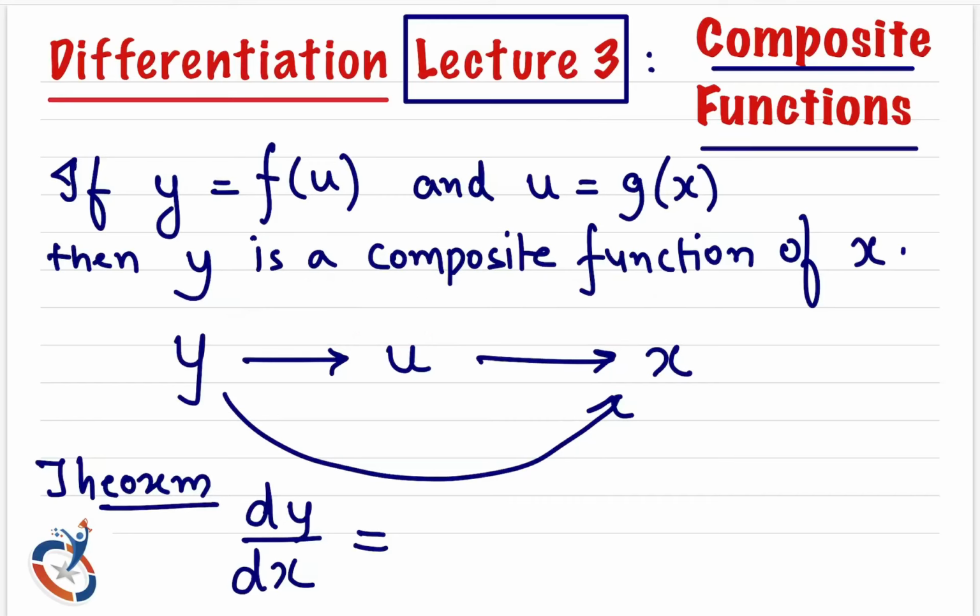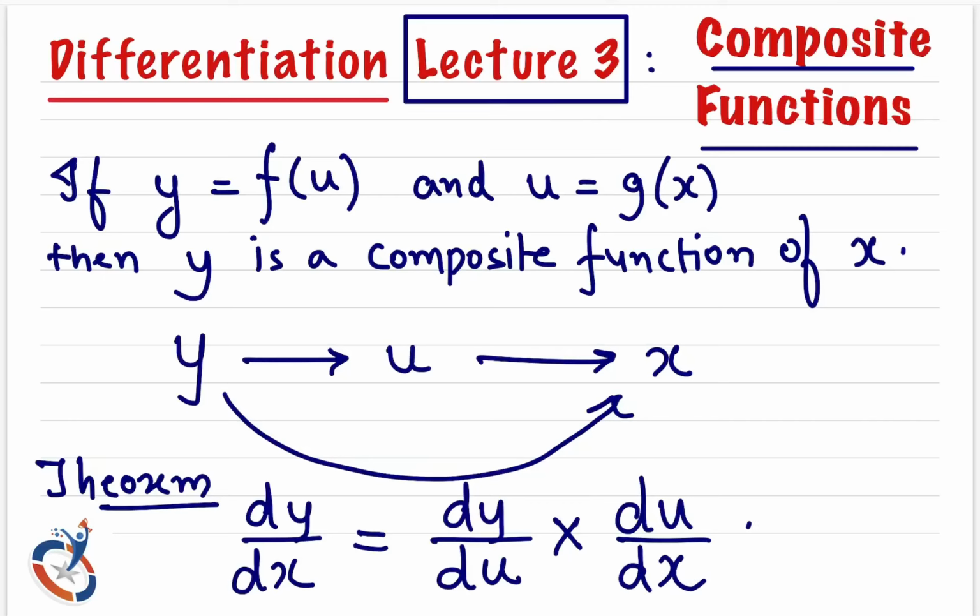And then your formula becomes dy by dx, the derivative of y with respect to x, will be equal to derivative of y with respect to u into derivative of u with respect to x.